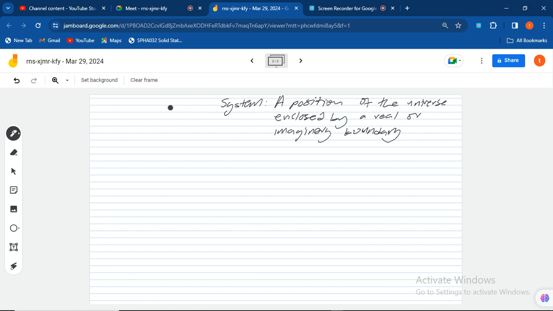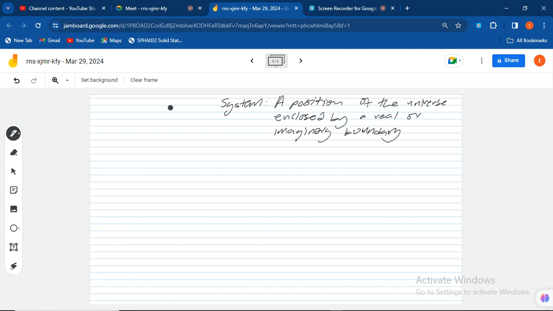This system is a portion of the universe. So you can think of any position in this universe. It can be in the sky or anywhere, as long as it's in the universe. That position must also be enclosed by a real boundary or an imaginary boundary.